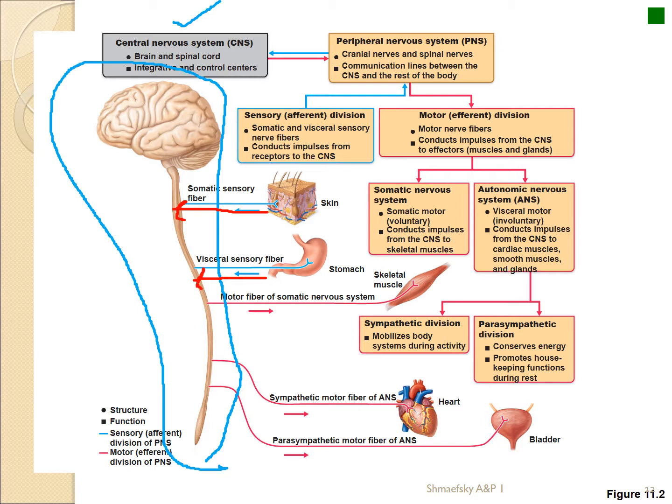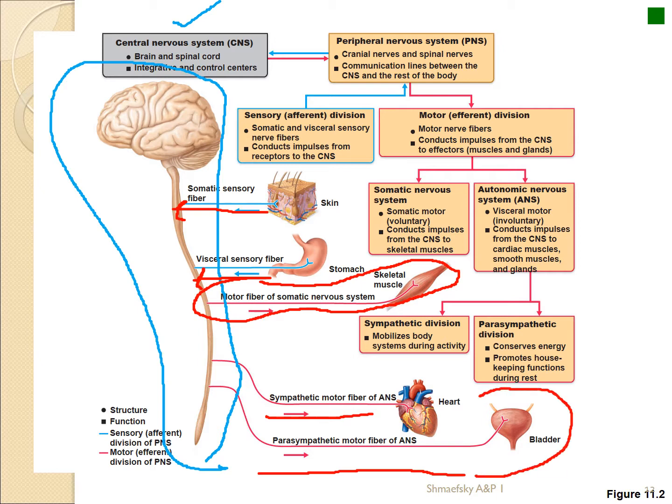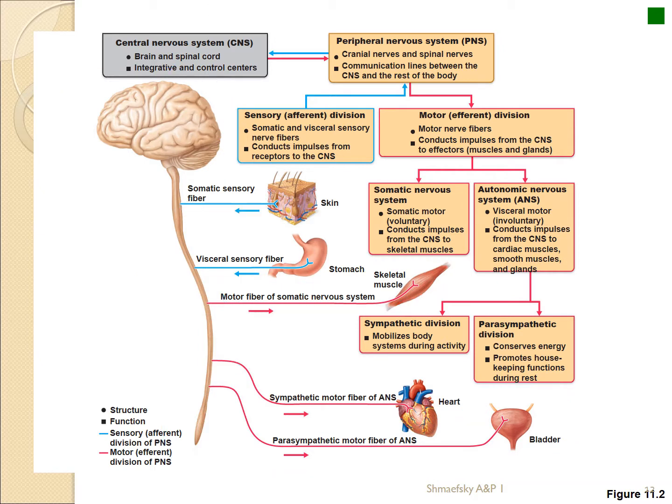And then out of there from the central nervous system comes motor fibers that control either glands, okay, or in this case, skeletal muscle. And then we can see also coming out of there are what we call sympathetic motor fibers and parasympathetic motor fibers that help to control particularly the heart and the urogenital system. So that's your central. Now let's look at the peripheral branch.